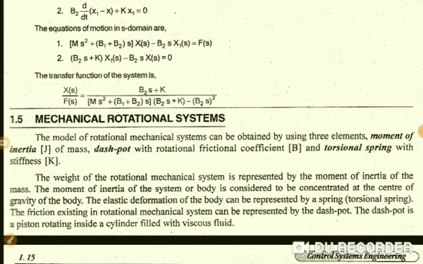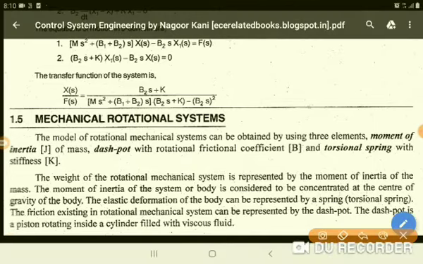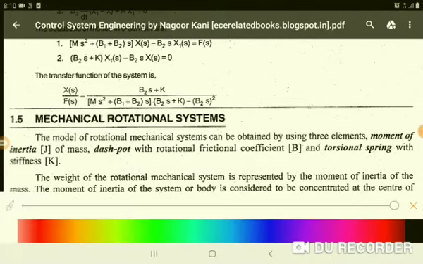So let's get into the rotational system. You just need a clear understanding of the translational system. Both the procedures involved are the same. Instead, here we are using rotational quantities. Instead of displacement in a translational system, here we are using angular displacement theta.